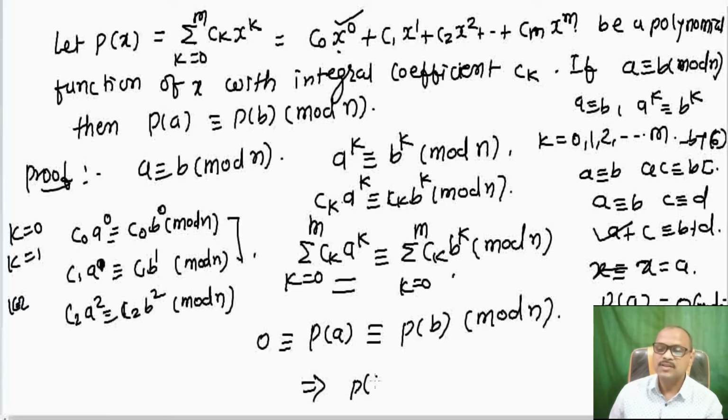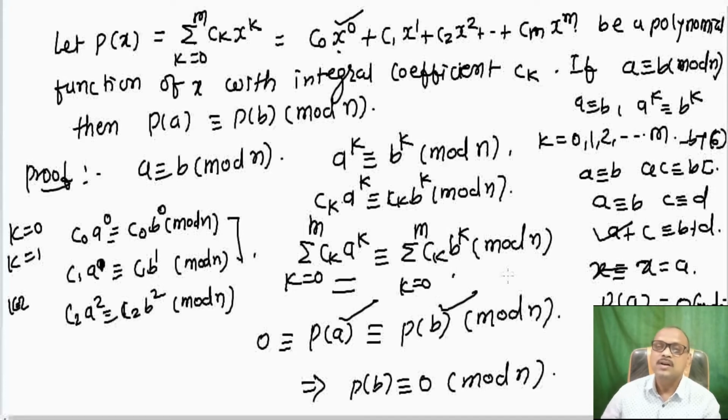This gives us P of b congruent to 0 modulo n. That means whenever a is a solution of this polynomial, b is also a solution of the polynomial when a and b are congruent. So this is an important part of these polynomials.